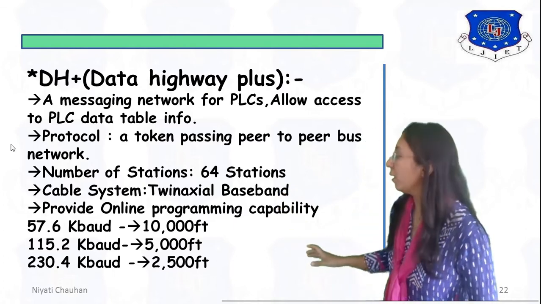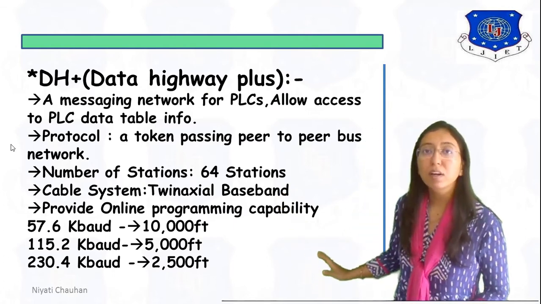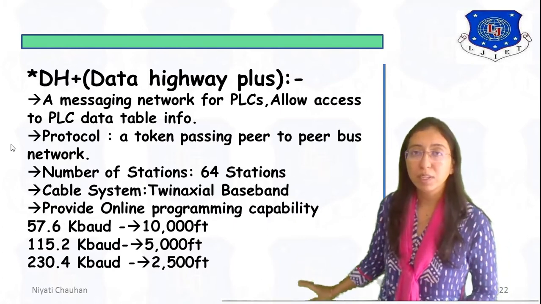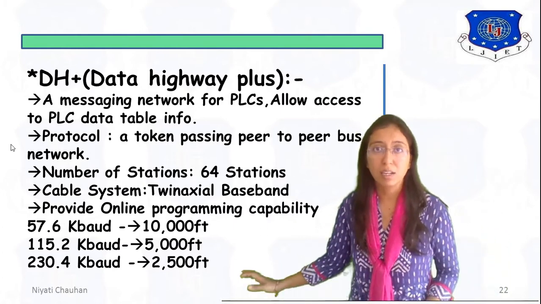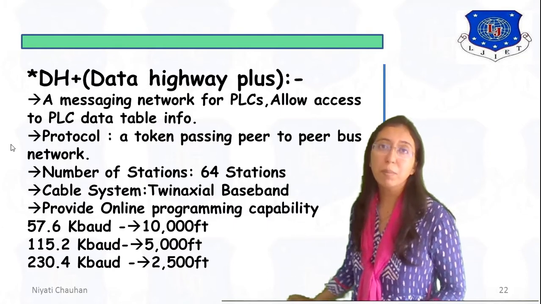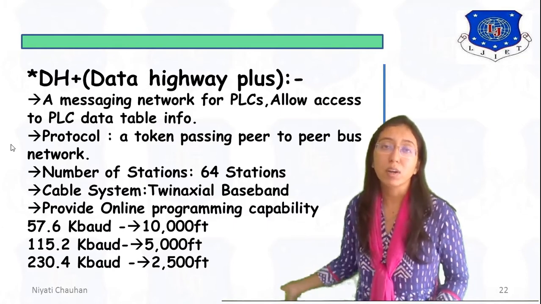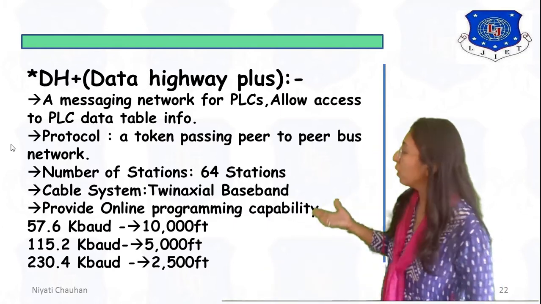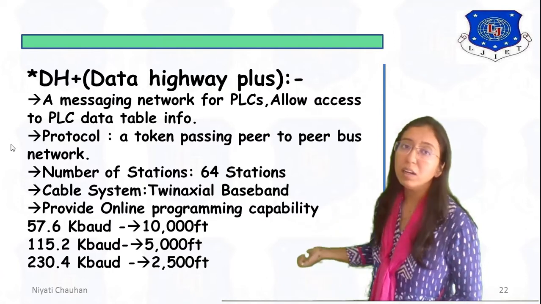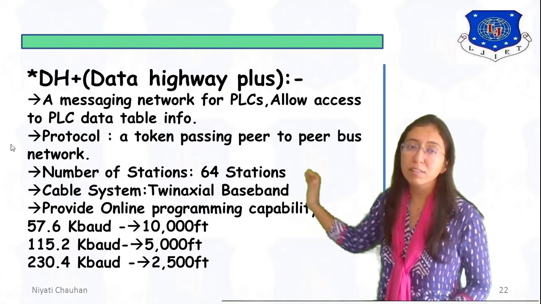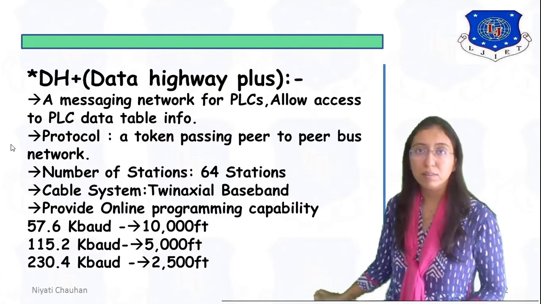And for a 2,500 feet area, we can send our data at a speed of 230.4 kilohertz. So this is the area, and we can send data at these speeds.